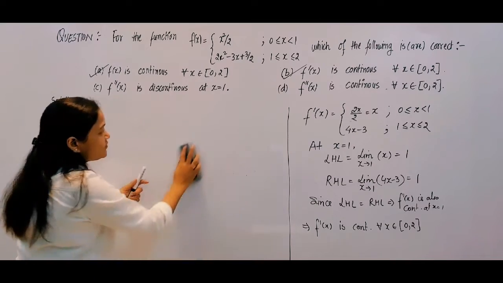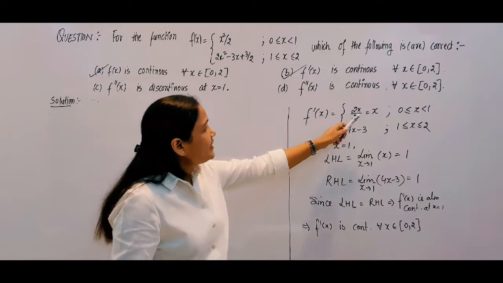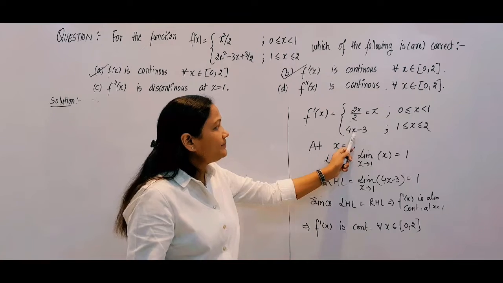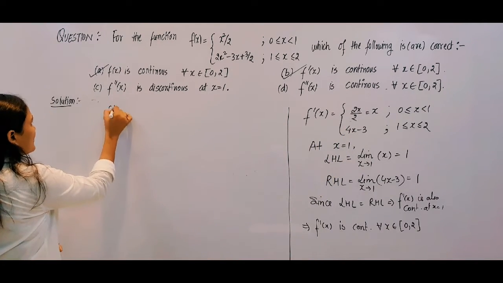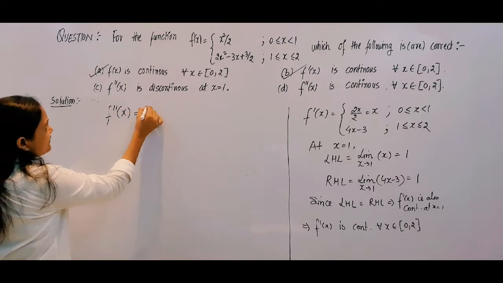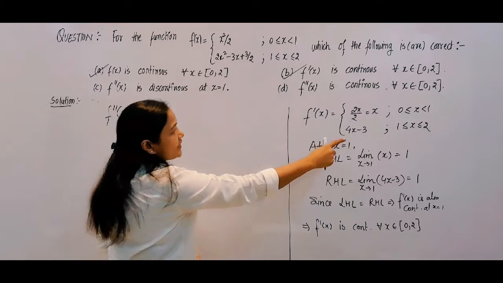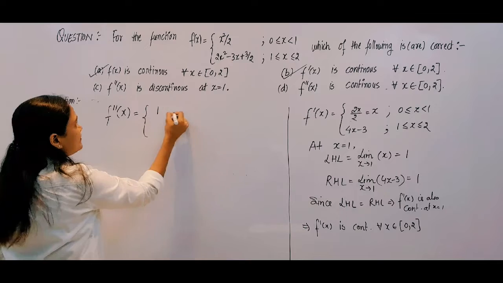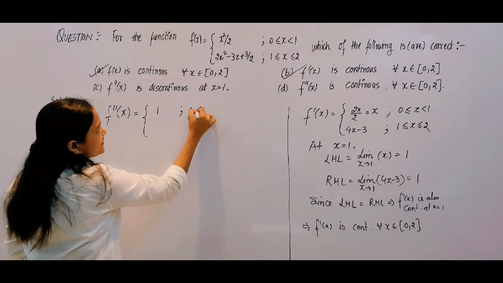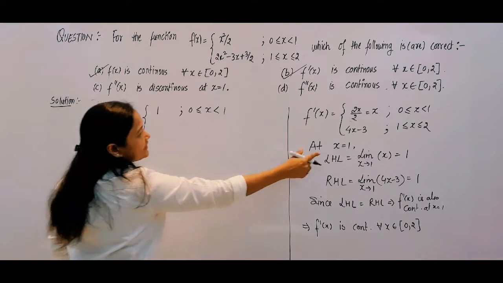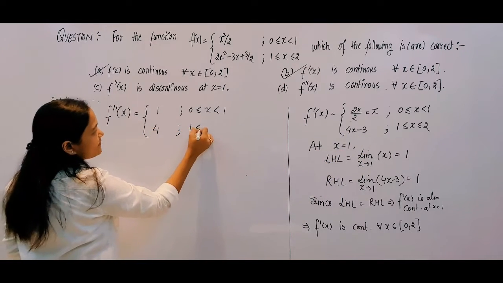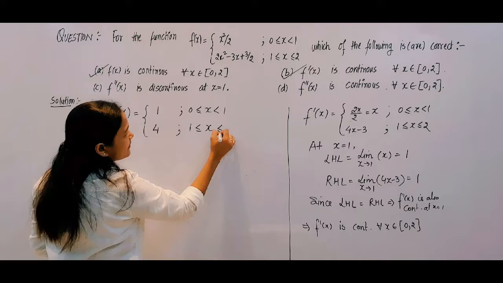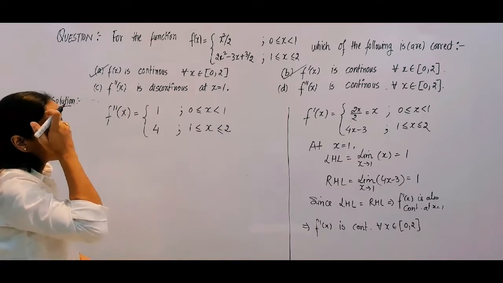Since your first derivative function is differentiable everywhere, we can directly find out the second derivative function. The second derivative function will be equals to the derivative of x, which is 1 when x is lying between 0 to 1, and the derivative of this is 4 when x is lying between 1 to 2.